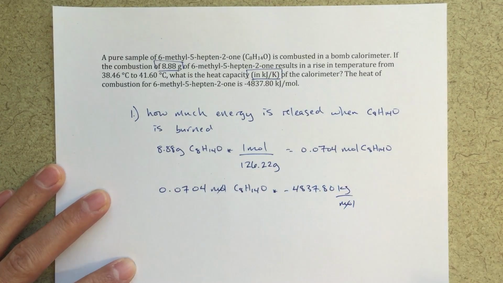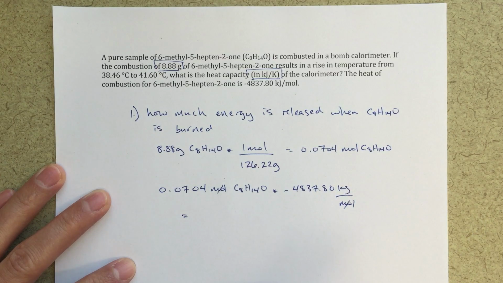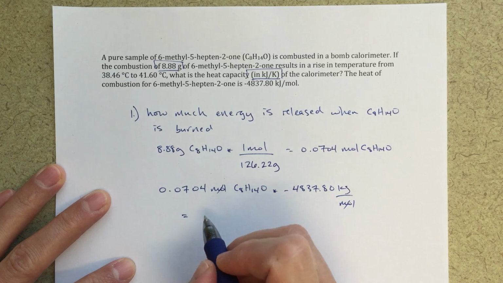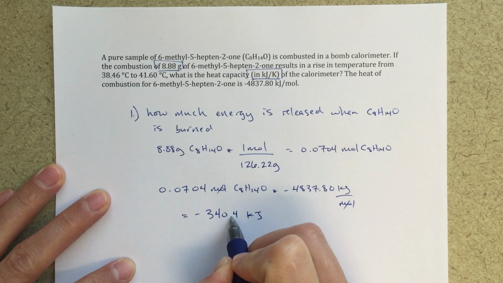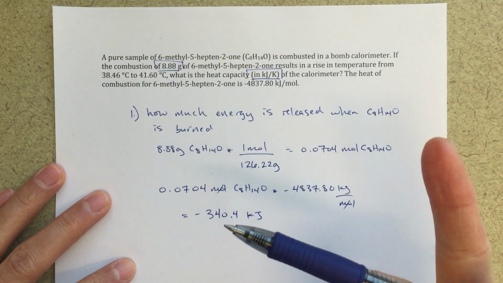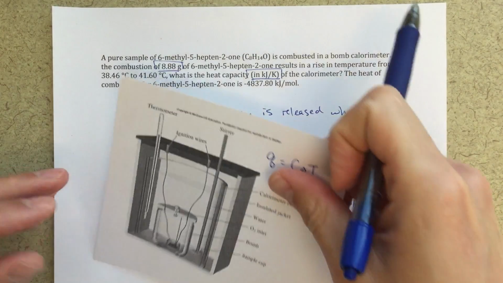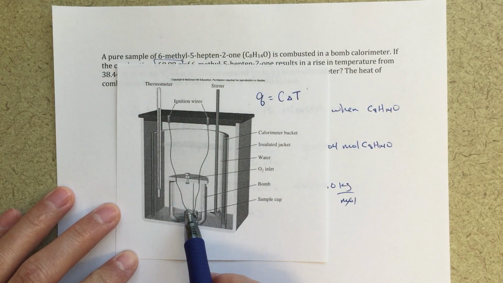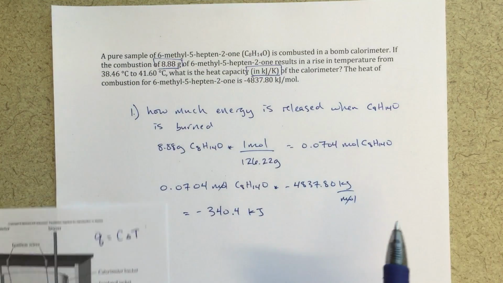My units of moles cancel, and then this calculation will tell me the kilojoules of energy released when I burn that organic molecule. So that ends up being minus 340.4 kilojoules. The significance of the minus sign is that, one, it's exothermic, and two, it's evolving that energy. That energy is going to be transferred from this reaction chamber to the calorimeter.